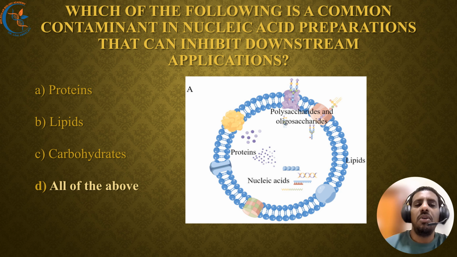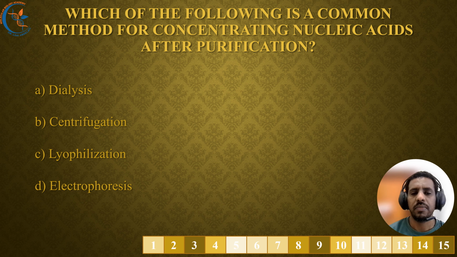The correct answer is all of the above. Proteins, lipids, and carbohydrates are common contaminants that can interfere with nucleic acid purity and downstream applications. So these unwanted elements need to be removed to ensure a clean and functional sample. All right, let's move on.